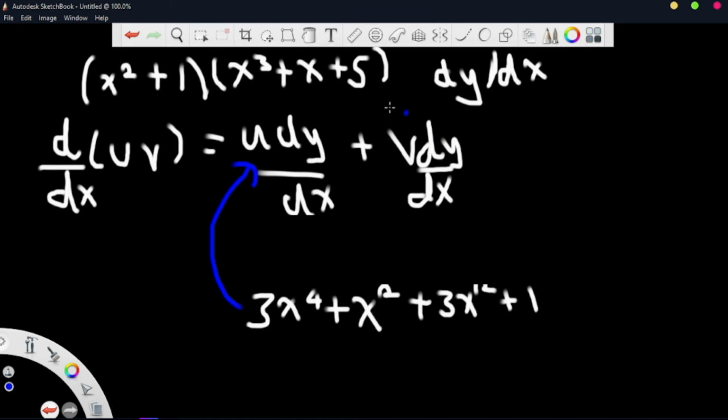So now let me do that part. For that part, I'm going to have this the way that it is, so that is x to the power 3 plus x plus 5. And once I differentiate this, I'm going to get 2x.